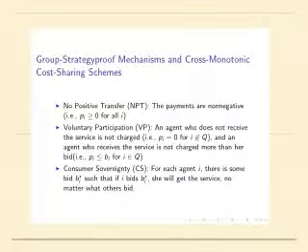Let the pairs (Q, P) and (Q prime, P prime) denote the outputs of the mechanism when the bids are u and u prime respectively. A mechanism is group strategy-proof if, for every coalition S of agents, if the inequality u_i q_i prime minus p_i prime is greater than or equal to u_i q_i minus p_i holds for every i in S, then it holds with equality for every i in S.